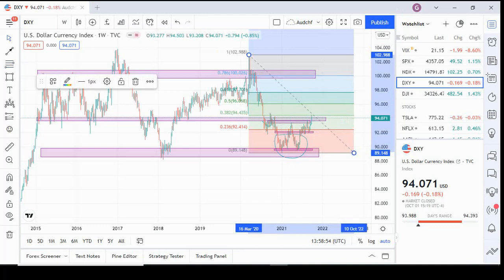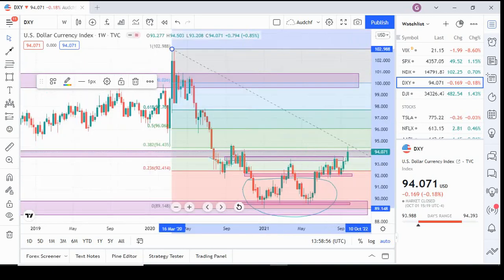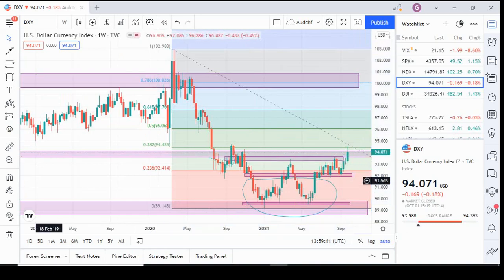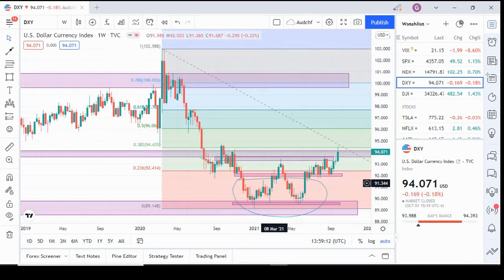With this one, when I look at this candlestick right over here, it has failed to break above the 38.2 level. But what I'm seeing is that price might come from this level, come back and retest this level. But before we can say anything about that, we need to look at the lower time frames.